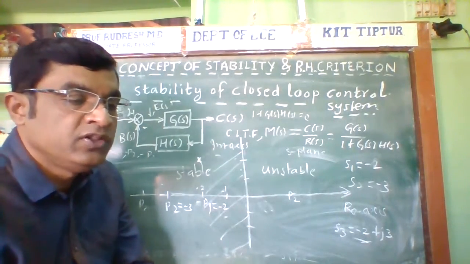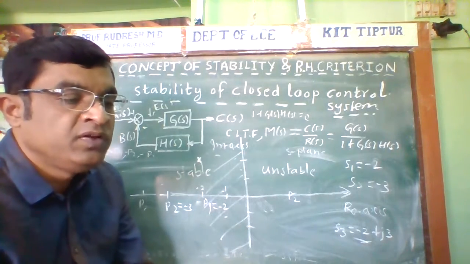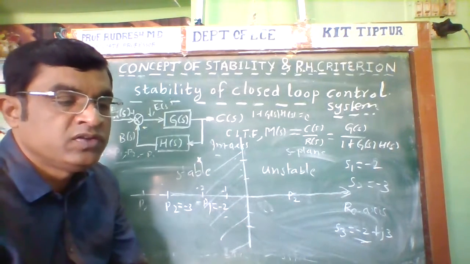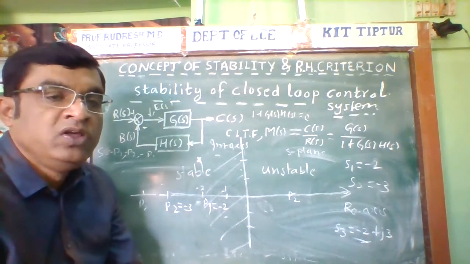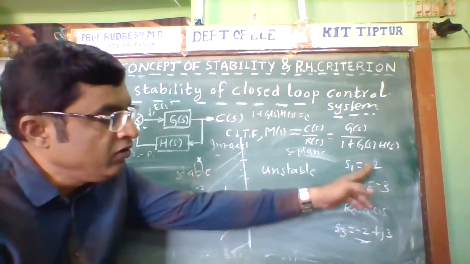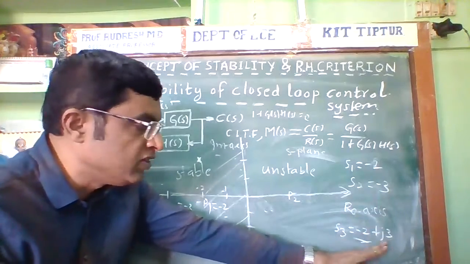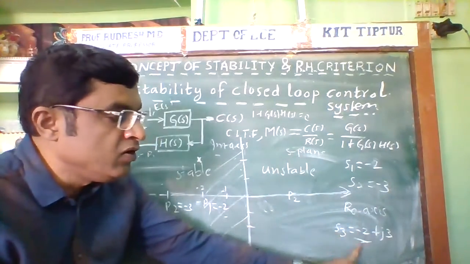So the mathematical condition for stability is that all the roots of the characteristic equation are negative real numbers, or complex numbers with a negative real part.